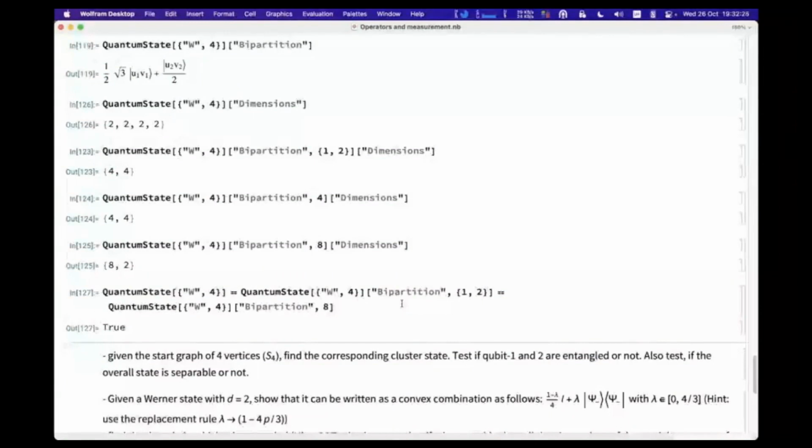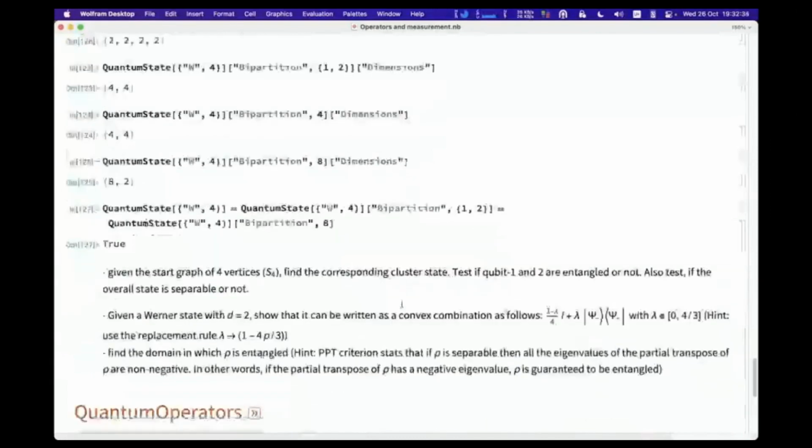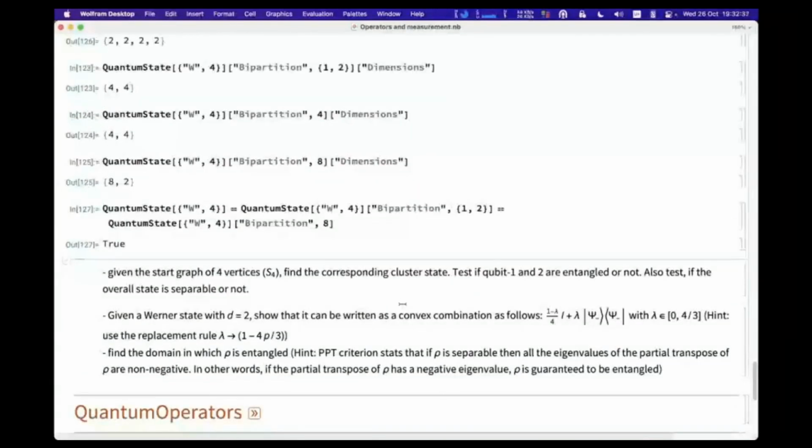So bipartitioning is a very interesting trick. Remember that the most important thing would be, how should I call it, you can do Schmidt decomposition. Remember, Schmidt decomposition you cannot do when you have more subsystems.